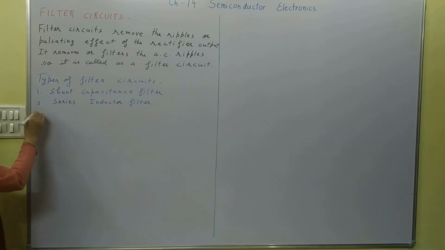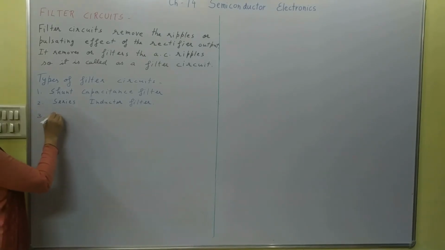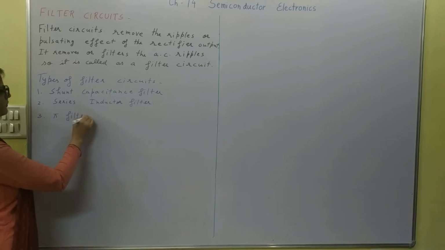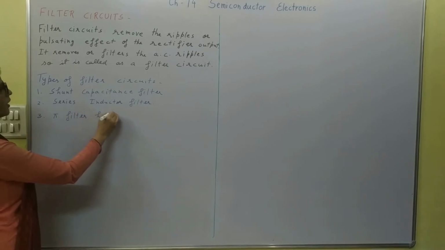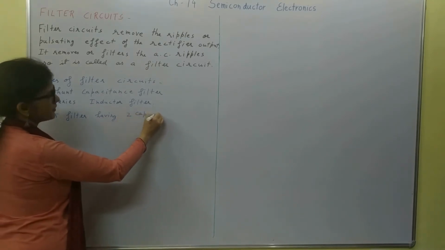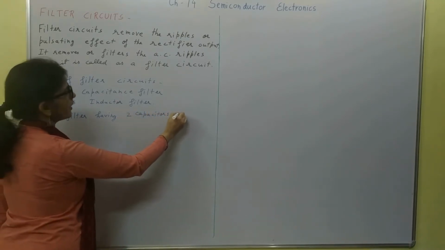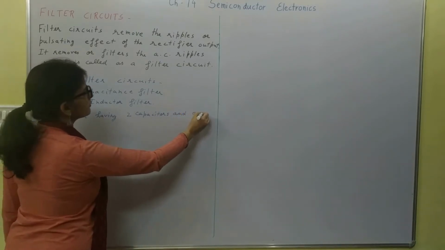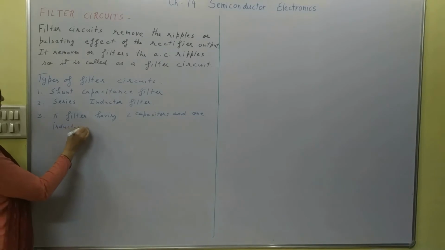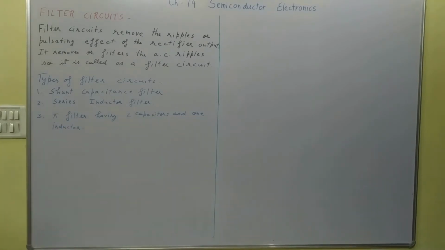And third, which we will not discuss here in detail, is the pi filter having two capacitors and one inductor. Right? So we have to take this in detail first.